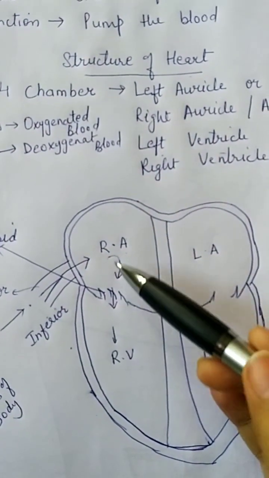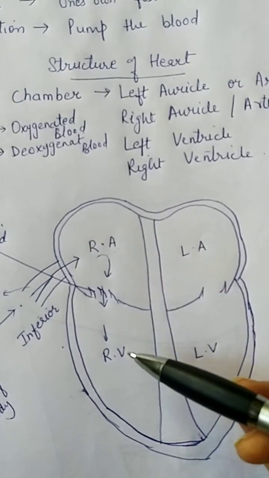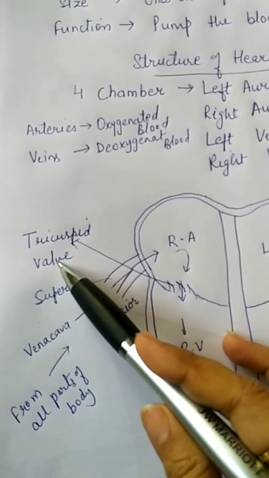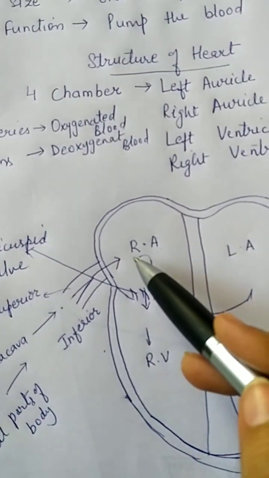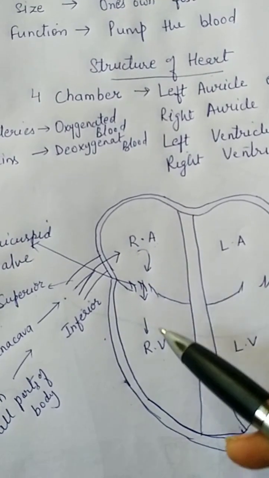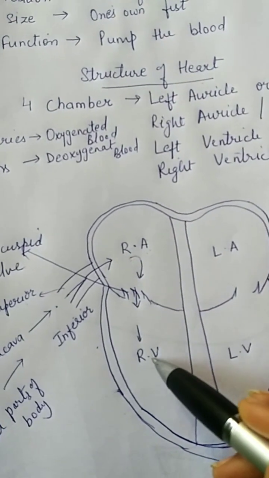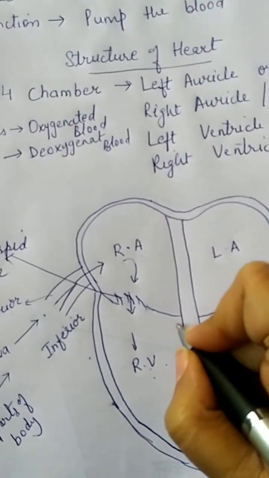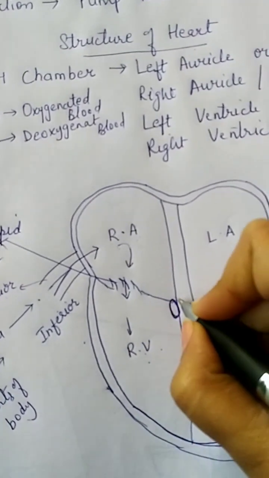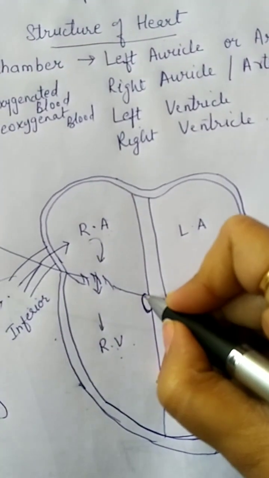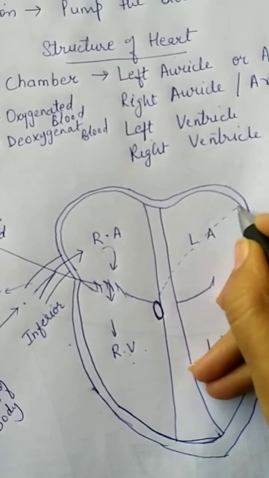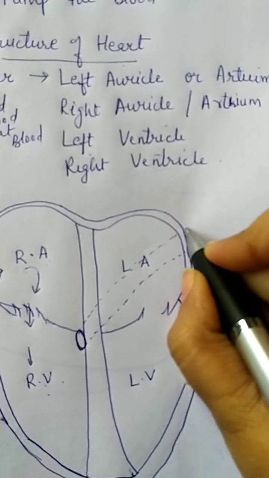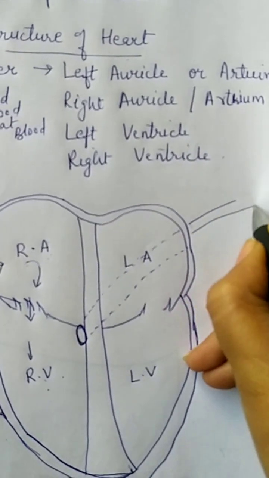The pathway between right atrium and right ventricle is called as tricuspid valve. So blood goes from right atrium to right ventricle through tricuspid valve. Now from right ventricle, the blood flows to here inside the heart. A blood vessel goes which opens directly into the lungs.